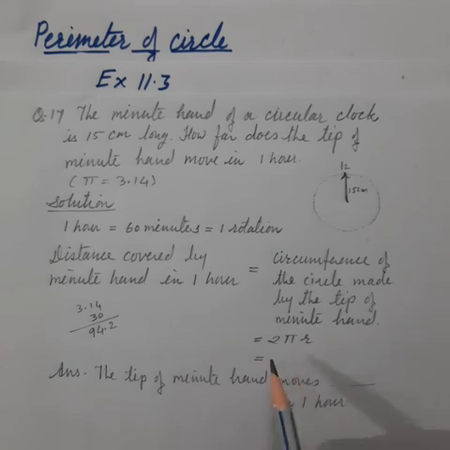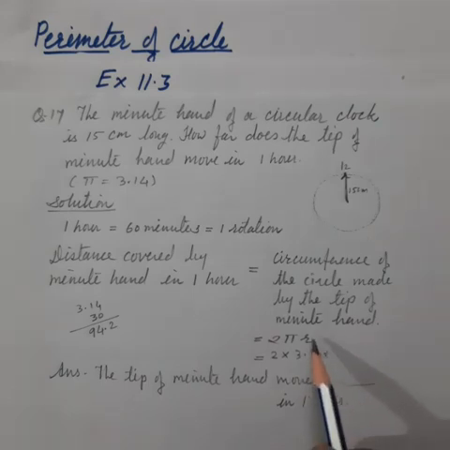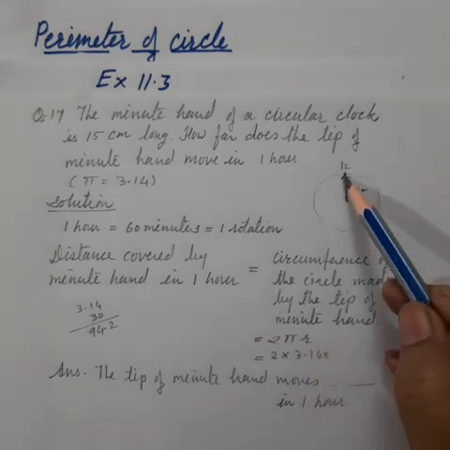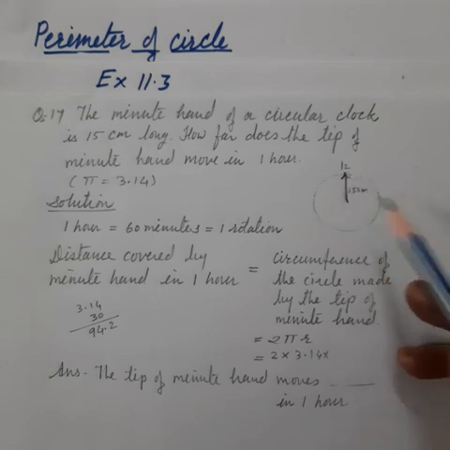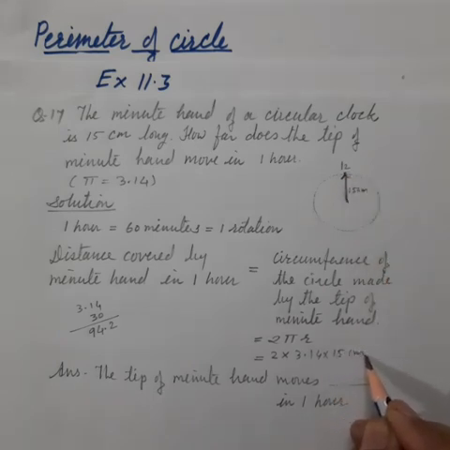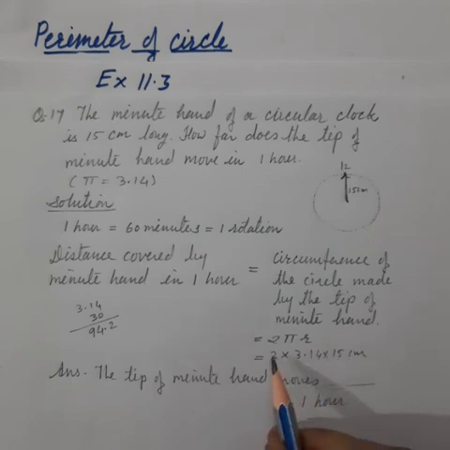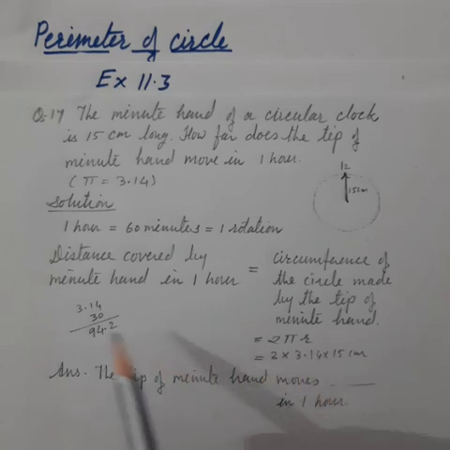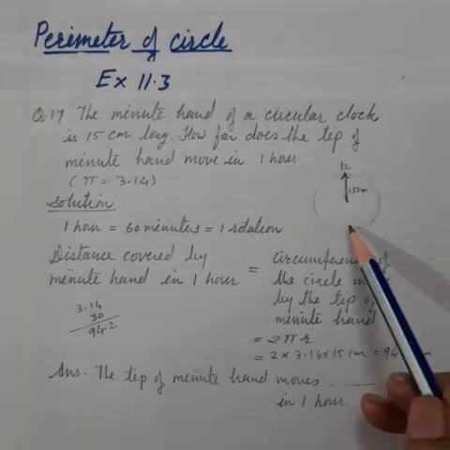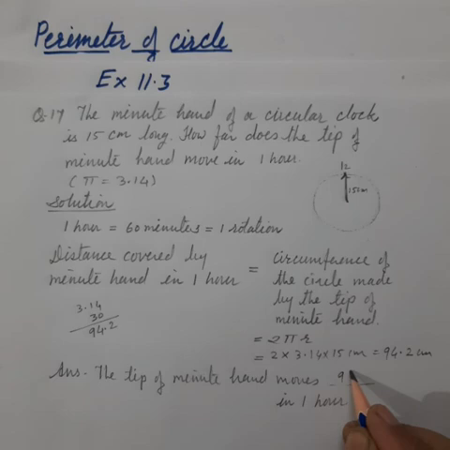Circumference is 2 pi r. 2, pi value is given 3.14 and the radius is here equal to the length of the minute hand, that means 15 centimeter. Multiply all these values, we get here 15 2s are 30 and multiply 3.14 by 30, we get here 94.2 centimeter. So the tip of the minute hand will move 94.2 centimeters in 1 hour.